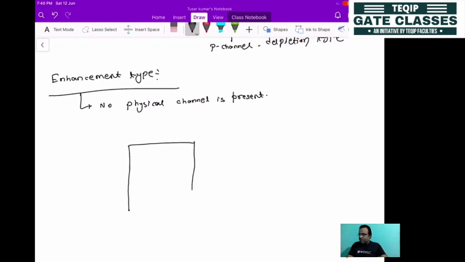You will have one P type bulk substrate, and here will be the metallic contact for this one. Similarly, this part is the same as the previous one. Here N plus type material will be there, and here another N plus type material will be there.